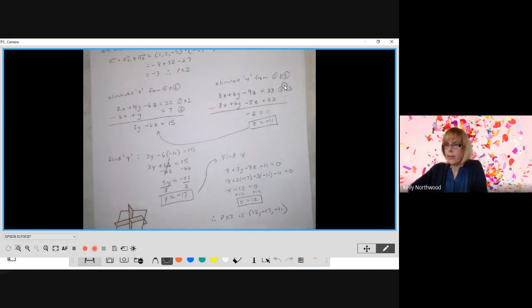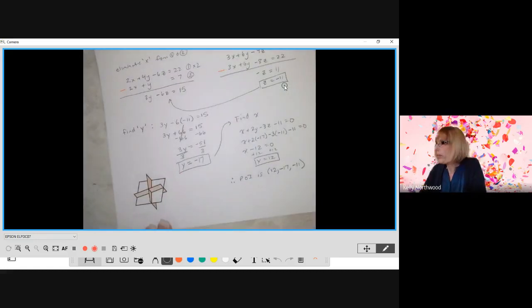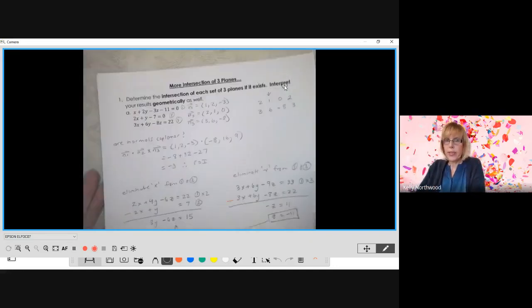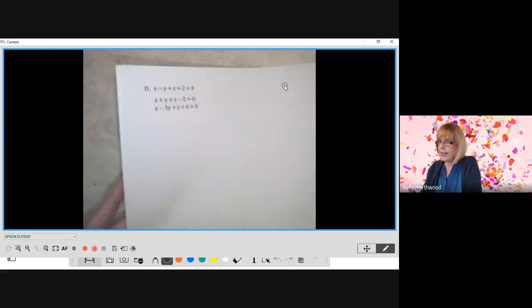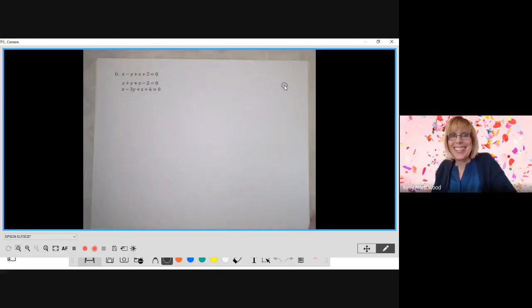And there we go. So that point is right in that corner there where the three planes meet. And we are done the first question.